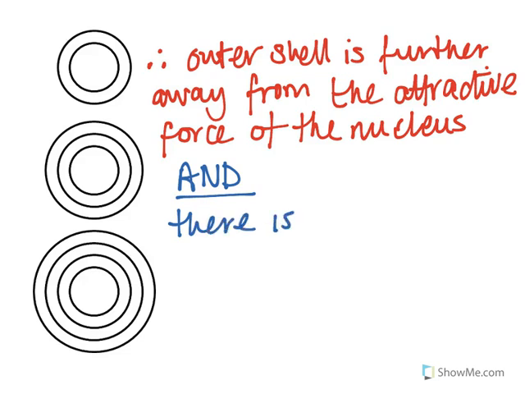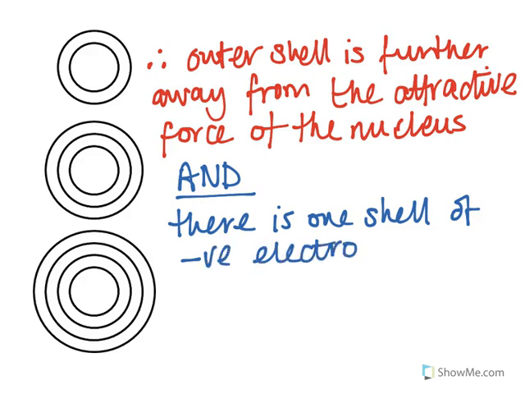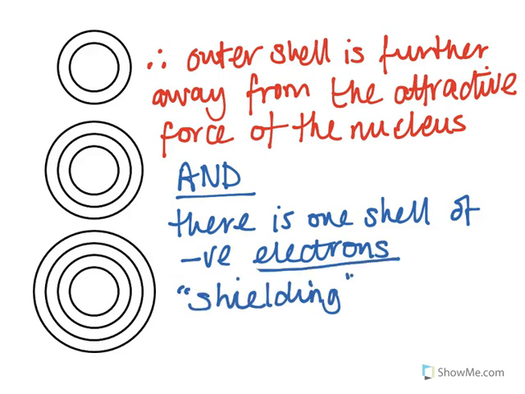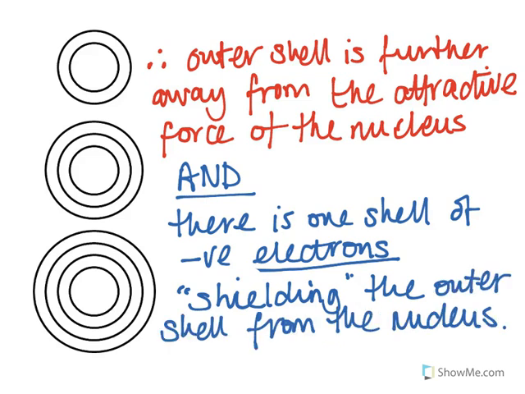With the addition of another shell, there is one more shell of negative electrons in between the outer shell and the nucleus. And these are effectively shielding the outer shell electrons, again from the attractive force of the nucleus. These inner shells, we have more and more of them as we go down.